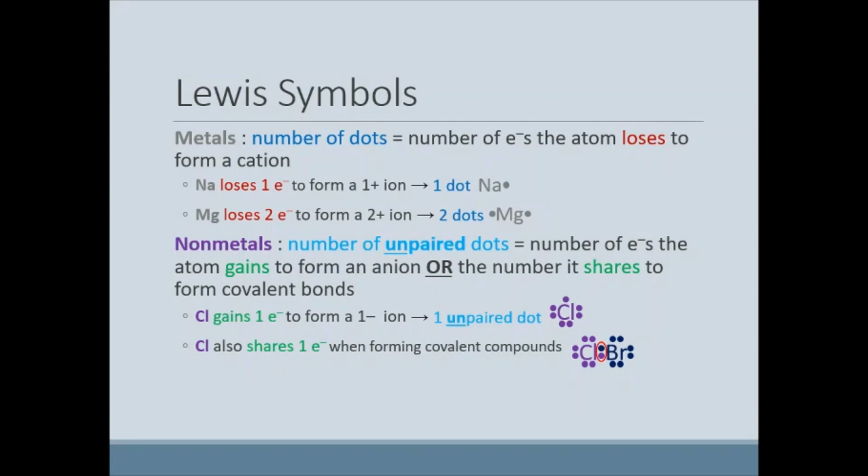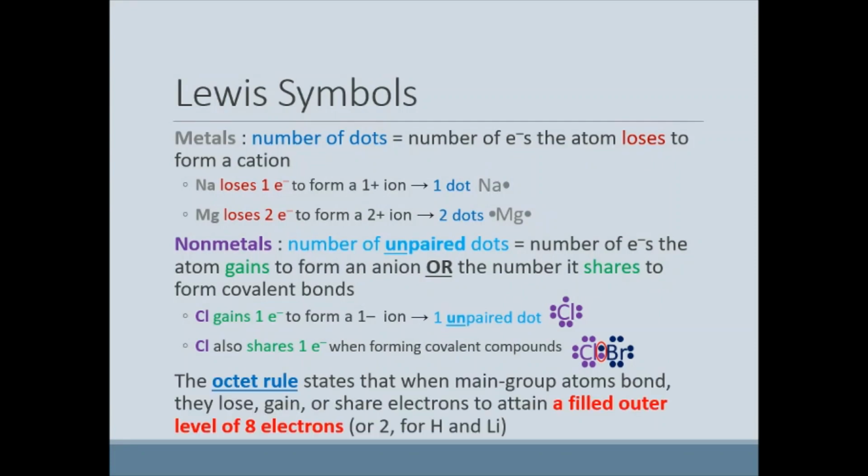I've touched on this in the previous chapters, but again, the octet rule states that main group elements are going to want to lose, gain, or share electrons in order to obtain an outer shell that is completely filled. There are exceptions, hydrogen and lithium, only because they just have one s.